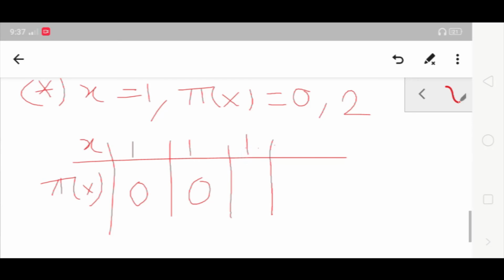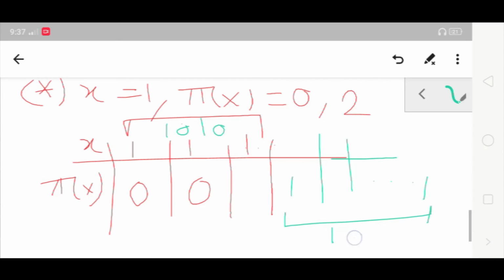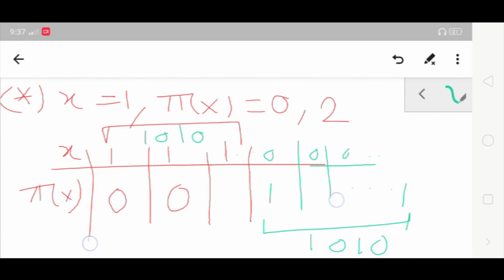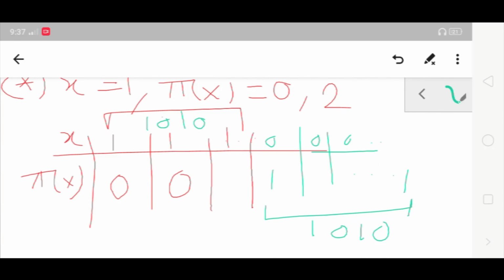So I put 1, 0, 1, 0, 1 here, and here we put similarly 1, 0, 1, 0, and so on. Okay, but look, this is not possible. Why? Because if this is possible, then we can see that x1 is equal to x2, but this is not in increasing order.